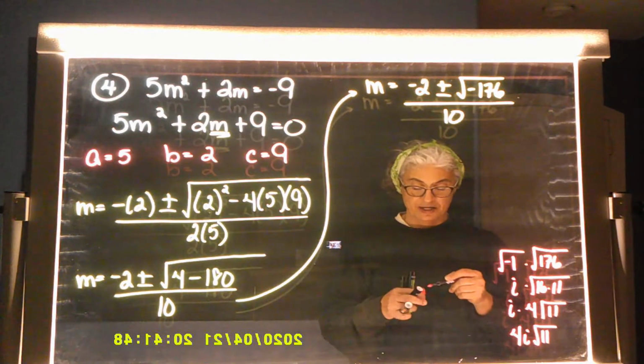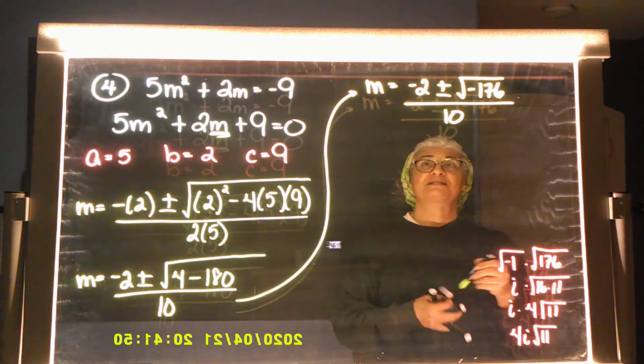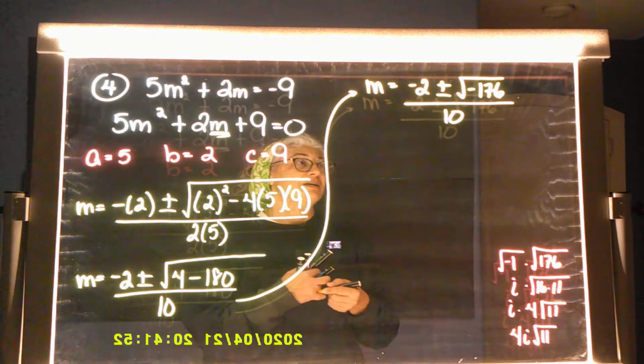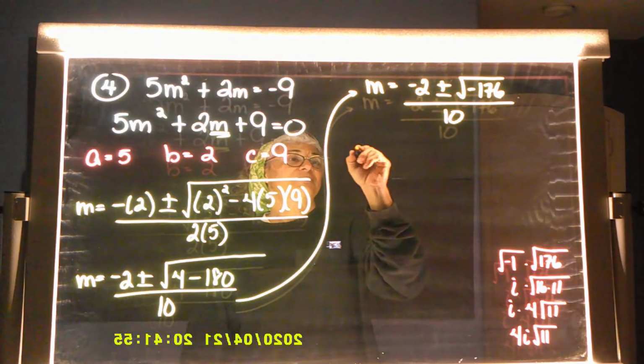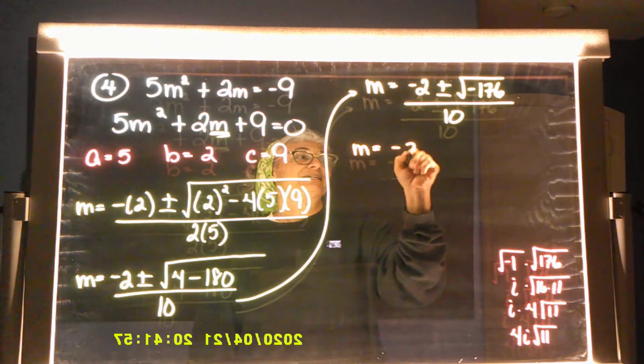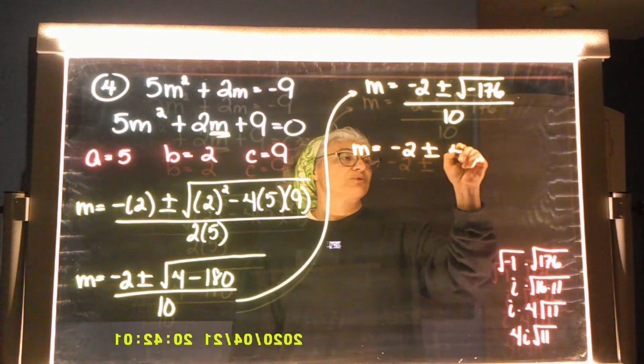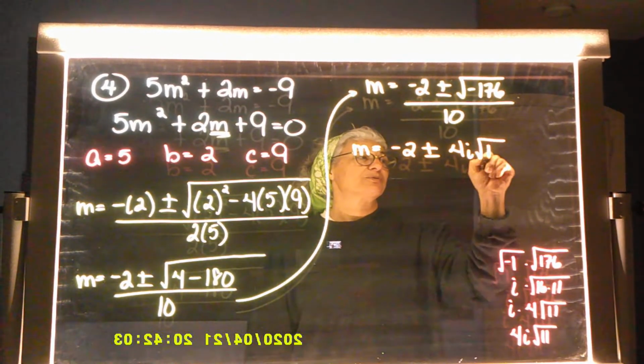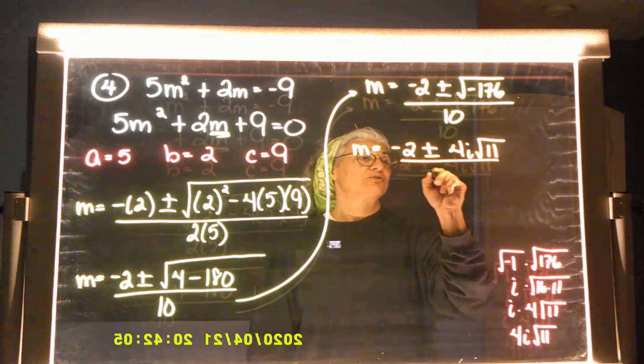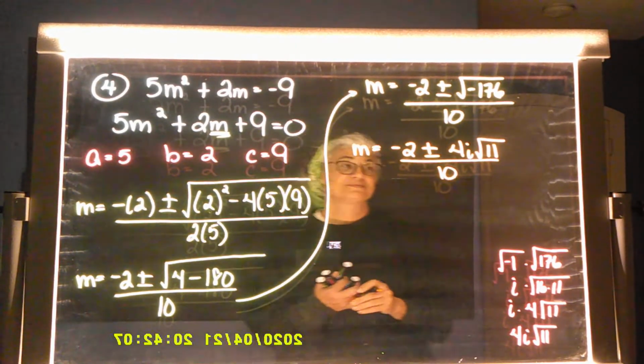Cool? All right, which means this next line is looking like m equals negative 2 plus or minus 4i times the square root of 11 all over 10.